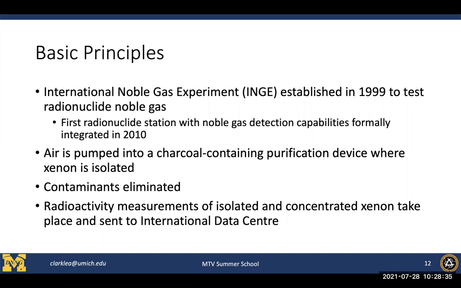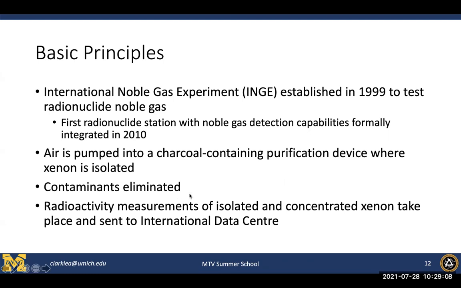There were a couple of different ways to do that, and the ones used for this experiment were first integrated with noble gas detection capabilities formally in 2010, after many years of studying to see which would be the best. Basically, atmospheric air is pumped into charcoal-containing purification devices, and the xenon is isolated from all of the extra contaminants.